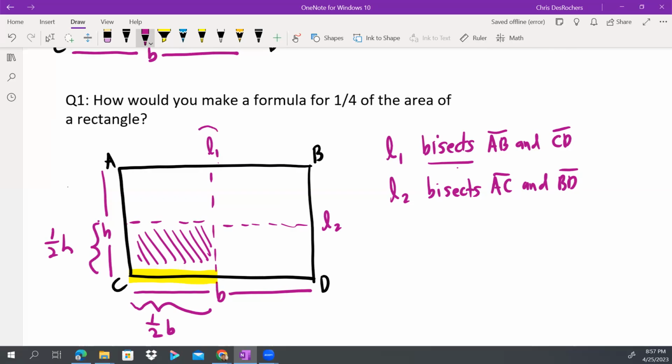If we take then for this rectangle here the area formula, we have area equals 1/2 base times 1/2 height, and when you multiply that through, we end up with 1/4 base times height.